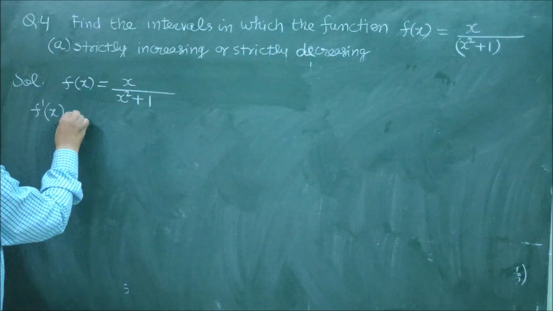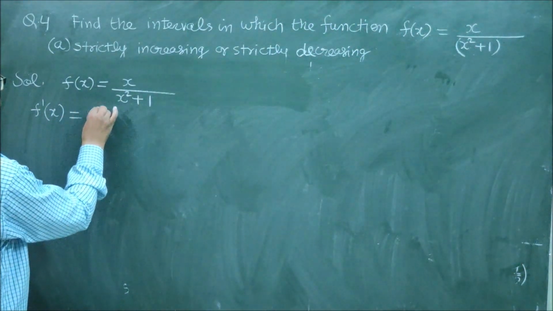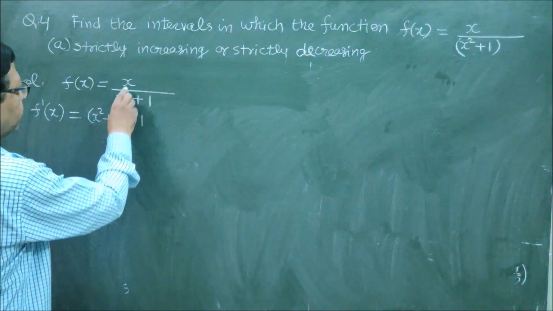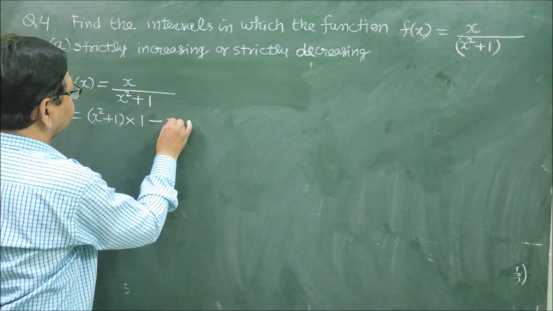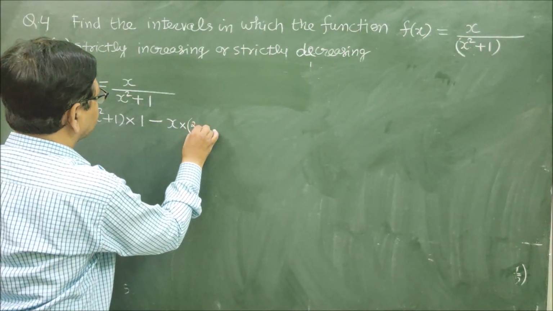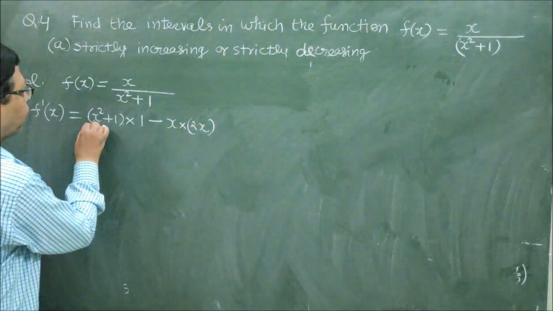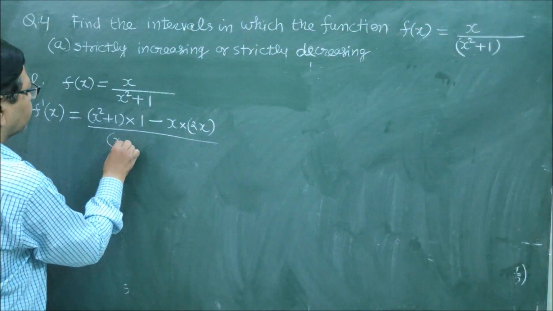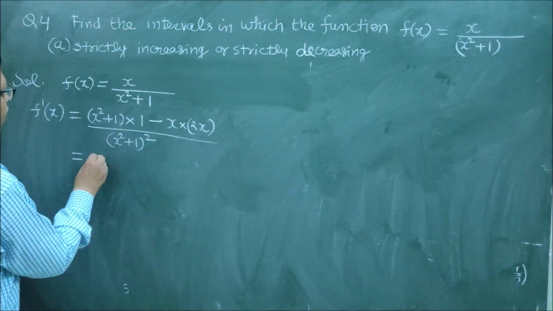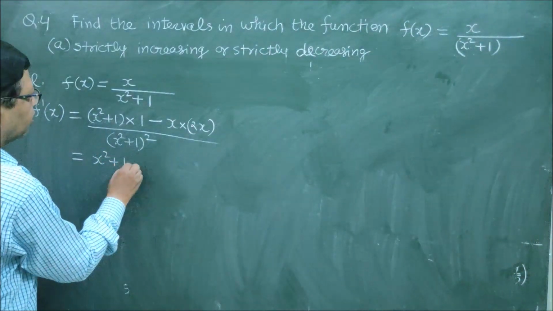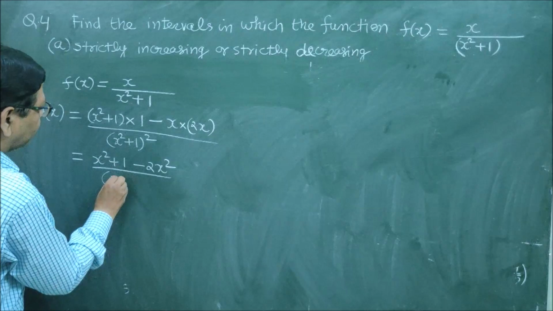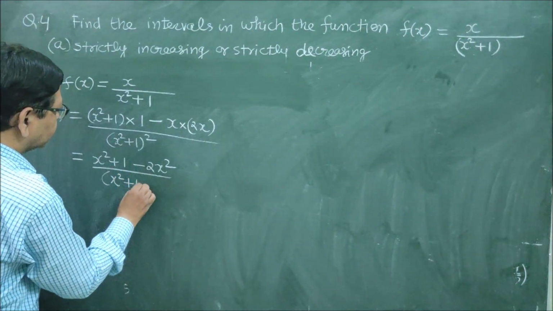f dash x is equal to denominator x square plus 1 into differentiation of numerator, that is differentiation of x, minus x into differentiation of x square plus 1, which is 2x, upon x square plus 1 whole square, which is equal to x square plus 1 minus 2x square upon x square plus 1 whole square.